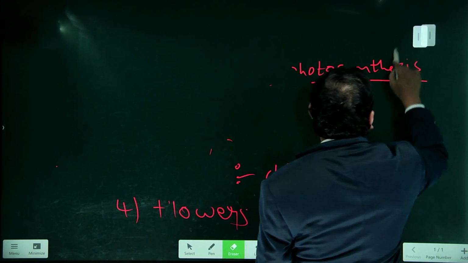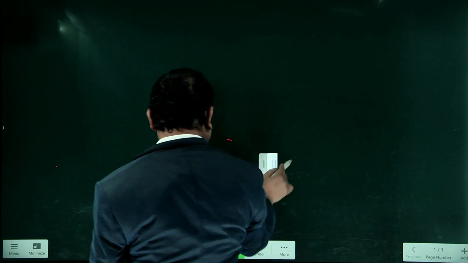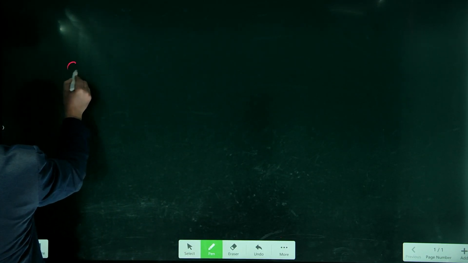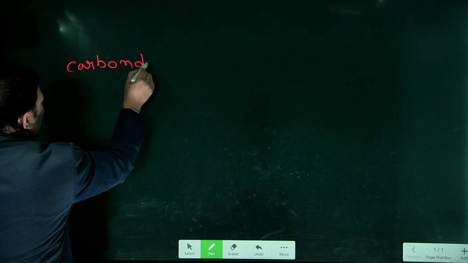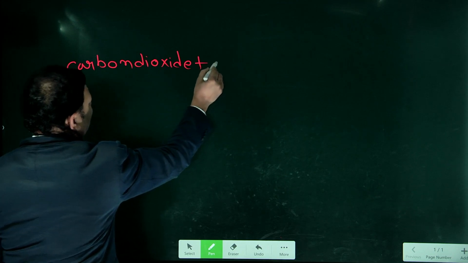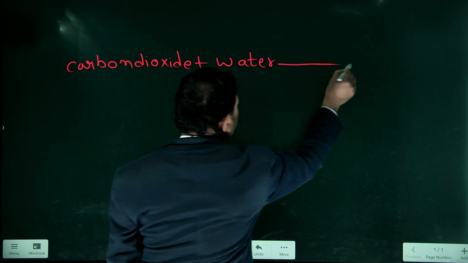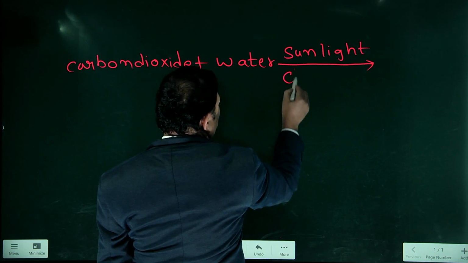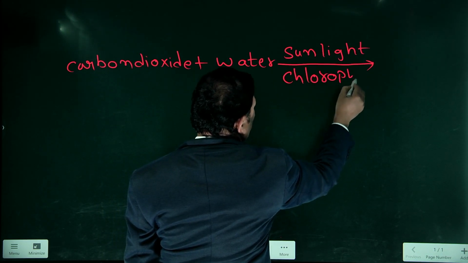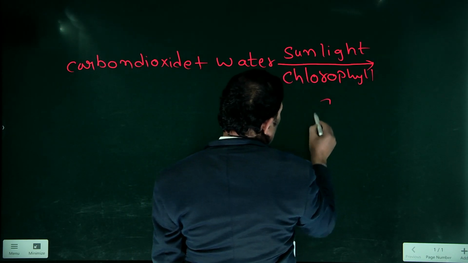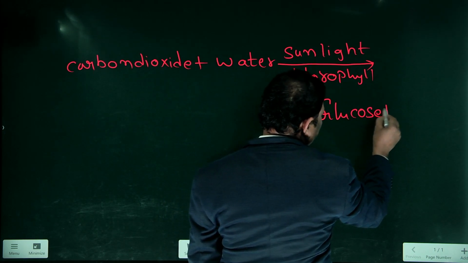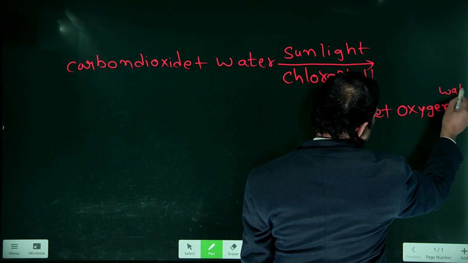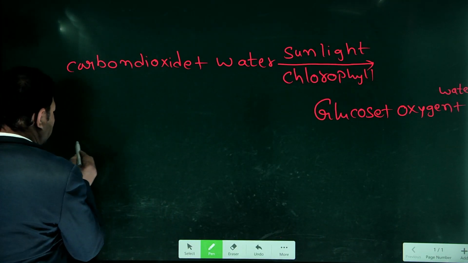Plants require carbon dioxide plus water, which gives rise, with sunlight and chlorophyll, to glucose plus oxygen plus water. This is the equation for photosynthesis.